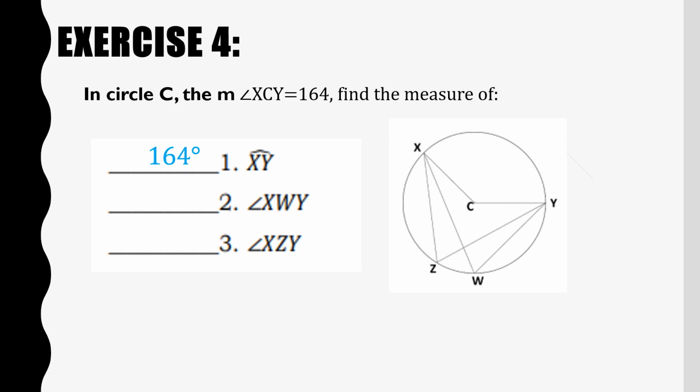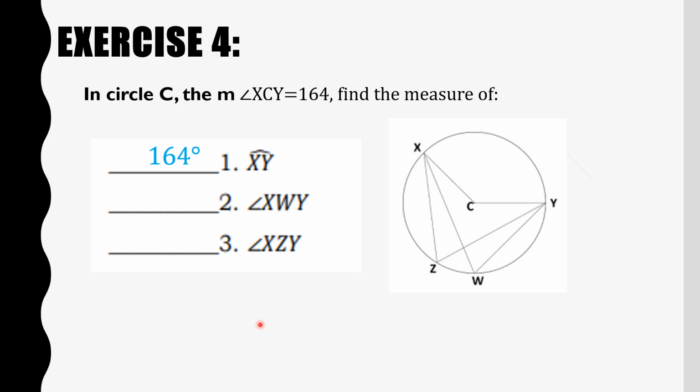For number 2, what is the measure of angle XWY? Knowing that the intercepted arc is 164 degrees, we just get 1/2 of 164 to get the value of this inscribed angle.